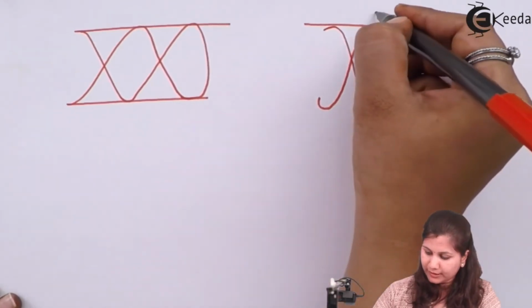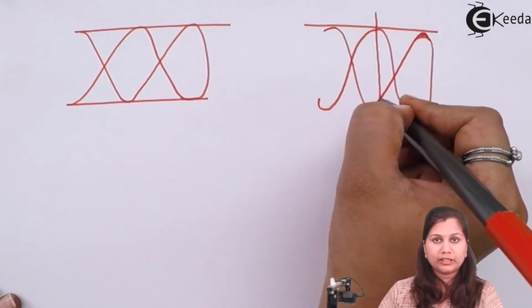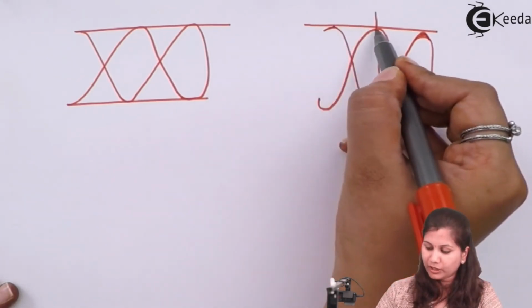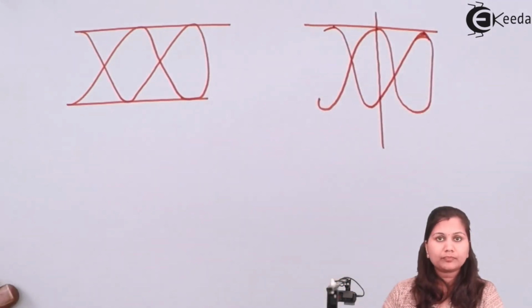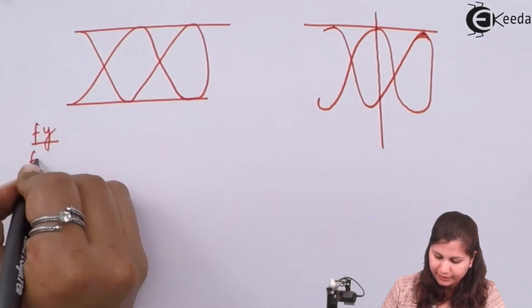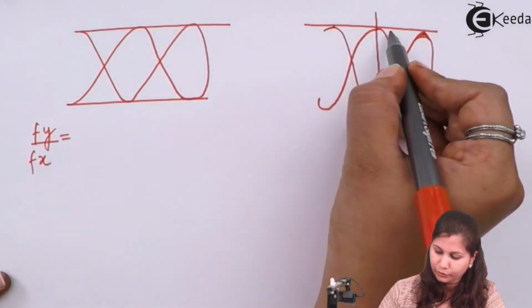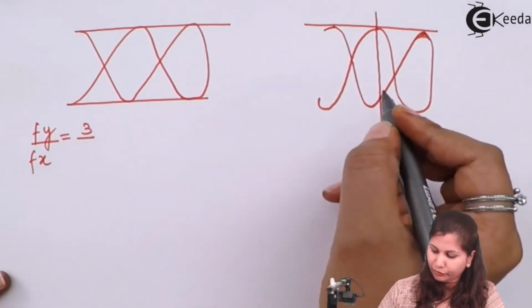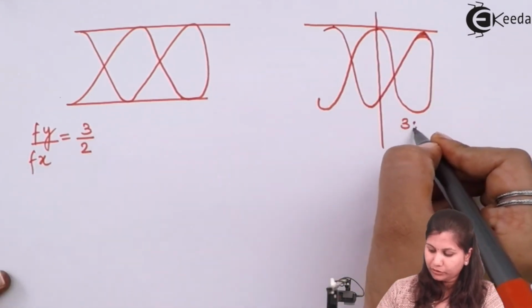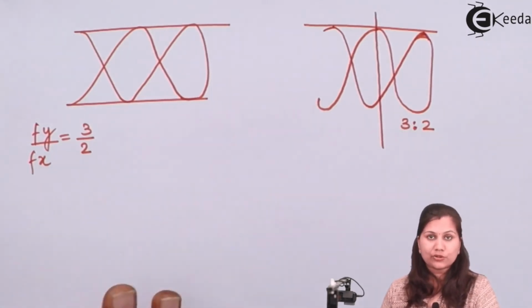For vertical tangencies, there are 2 points, and there are 3 points for horizontal tangency. So Fy upon Fx, horizontal 1, 2, 3 and vertical 1 and 2, comes out to be 3:2. But this is wrong. The answer is wrong.